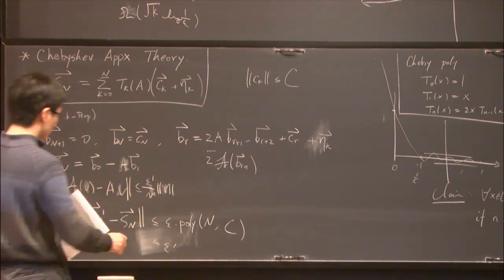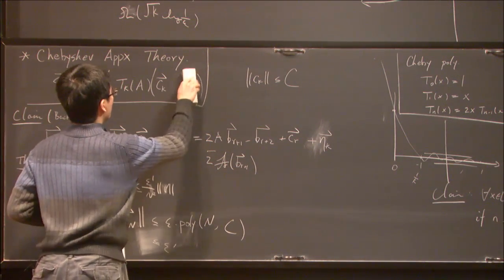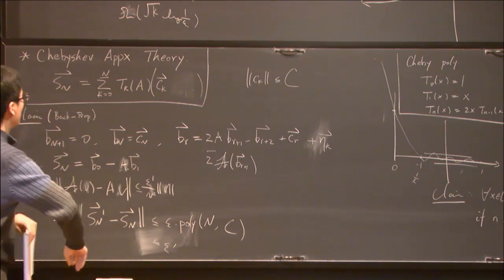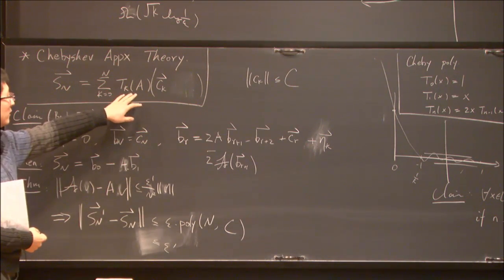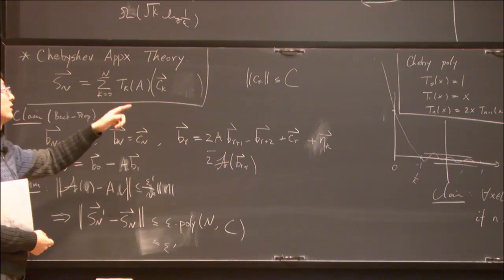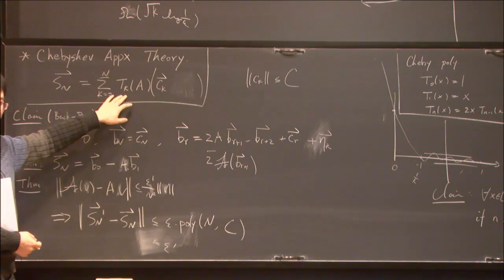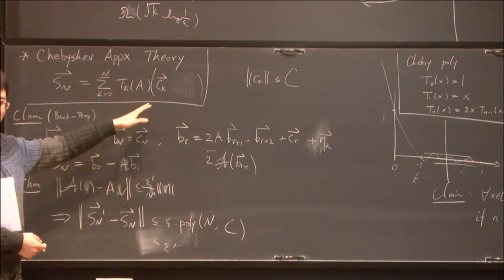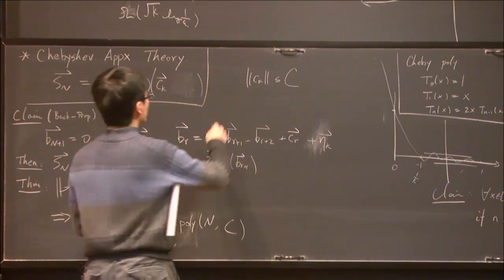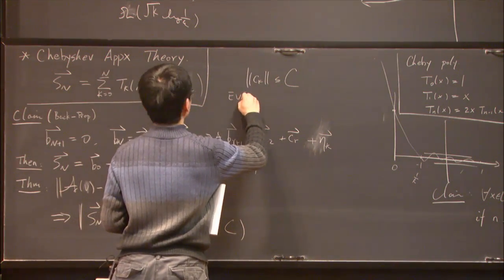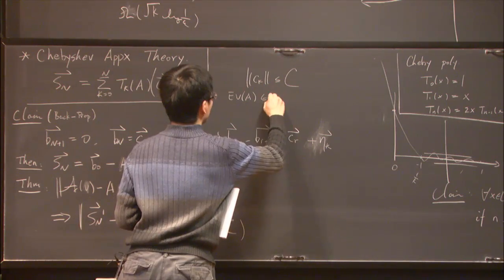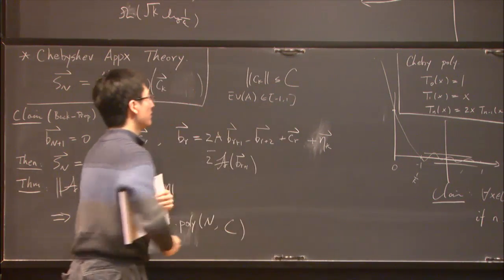For every polynomial of Chebyshev, actually every linear combination of the Chebyshev polynomials, but in the matrix form, and suppose that the eigenvalues of A are between, say, -1 and 1, it's up to shifting.